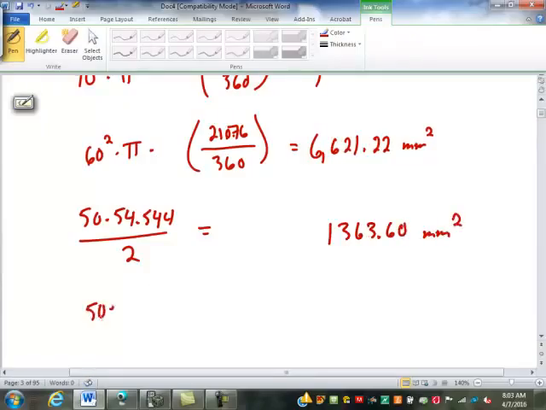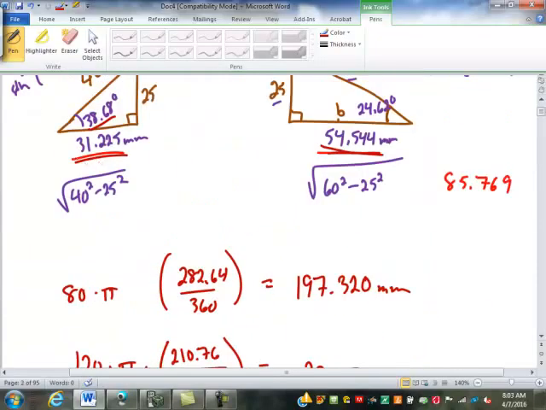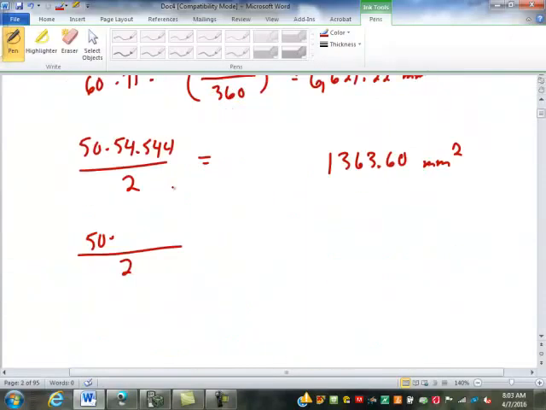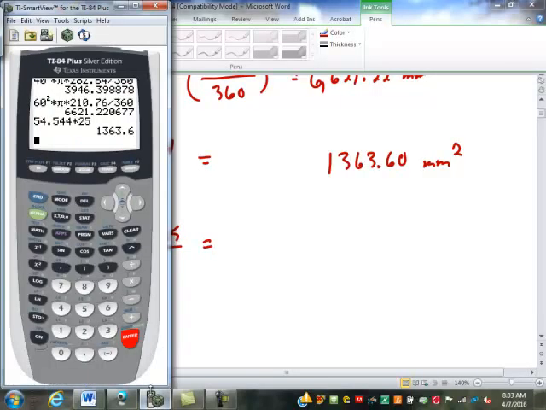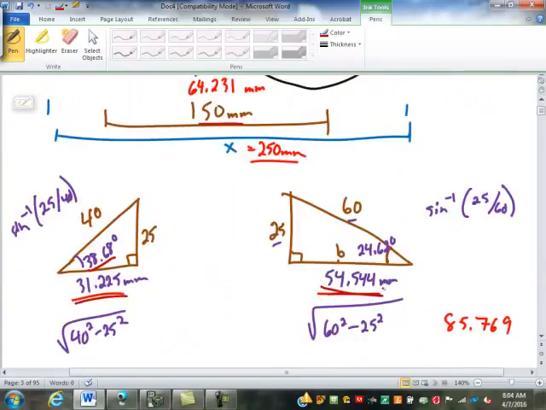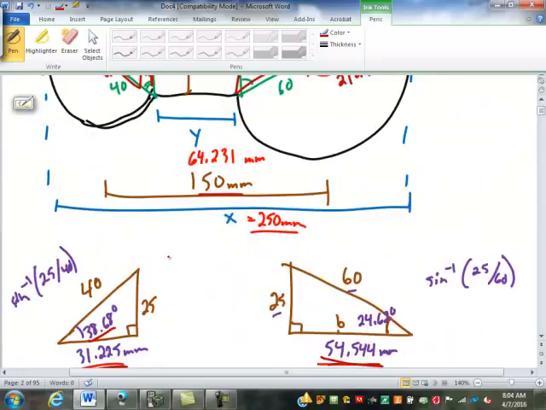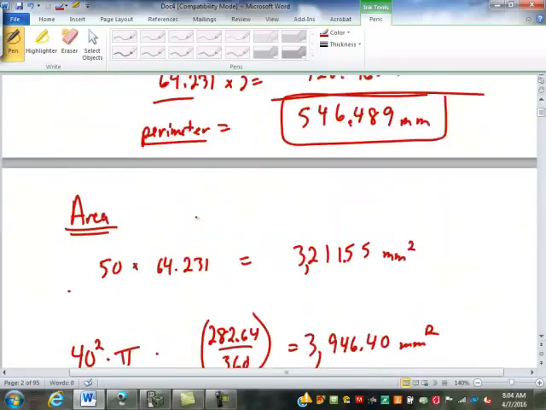The other one's going to be 50 times 31.225 divided by 2, which is 780.63. This is the base of 50, and A is the height. The 31.225 is the height.